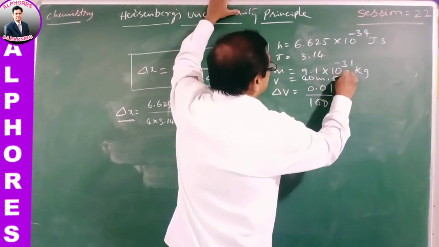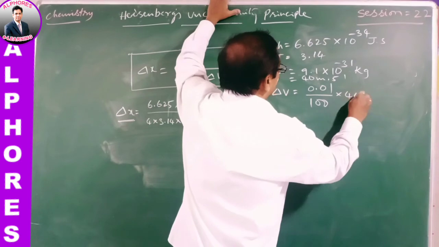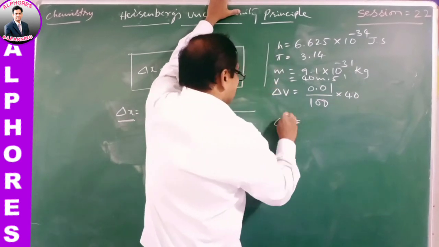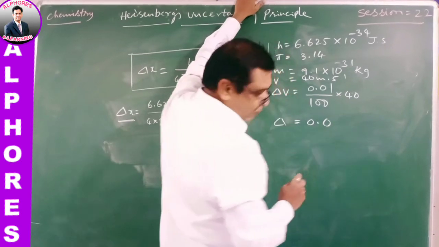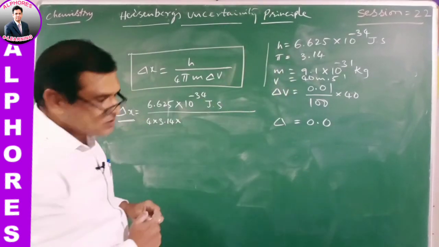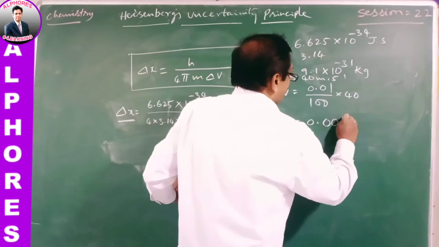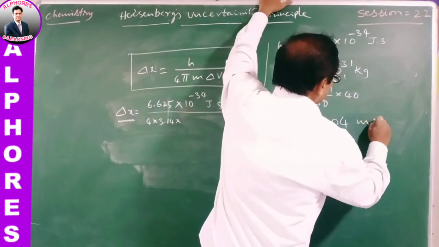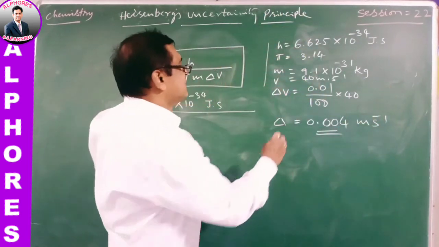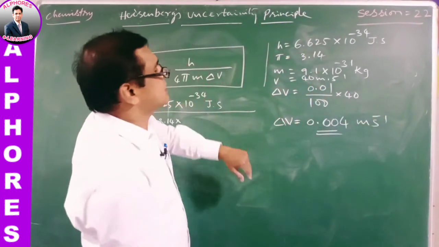That is equal to delta V, we can say 0.004 meters per second. That is the uncertainty in velocity. Delta V is this much.